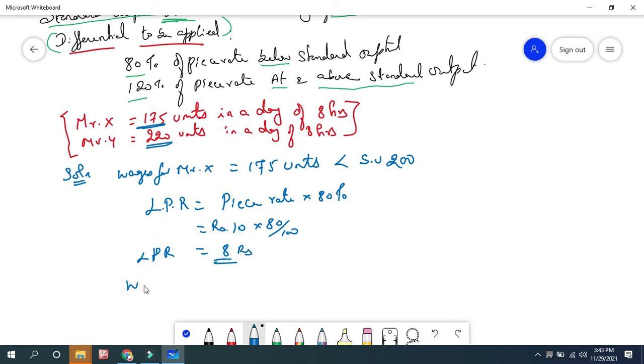So wages of X is equal to units produced into low piece rate, that is LPR.